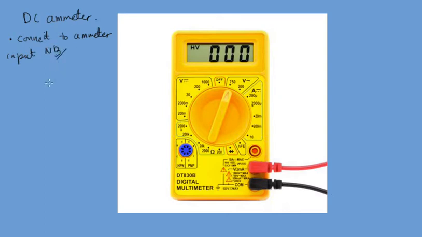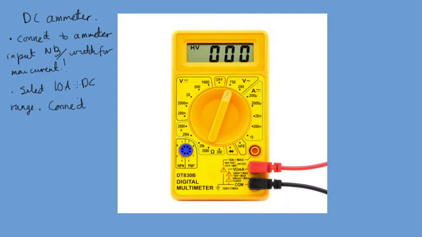Notable point, watch for maximum current, and if there is a separate input for a small current. Now we select the 10 amp DC range. So this is here, this one here, and we connect in series.